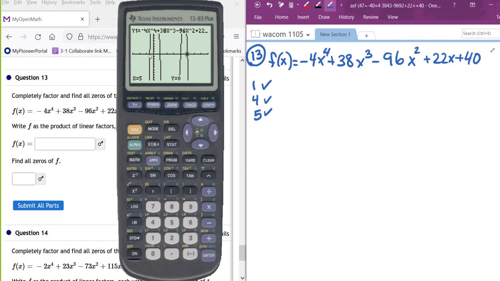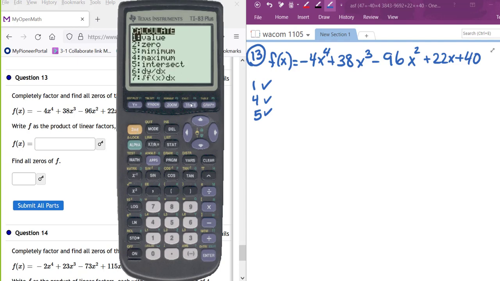This is the one we need right here. Let's just use our calculator wisely. So if we do second calc, and we want 0 this time. Okay, that is not what we want. So let's clear. Second calc, and we want to choose 0, choice number 2, enter. We know these 3, 1, 4, and 5.